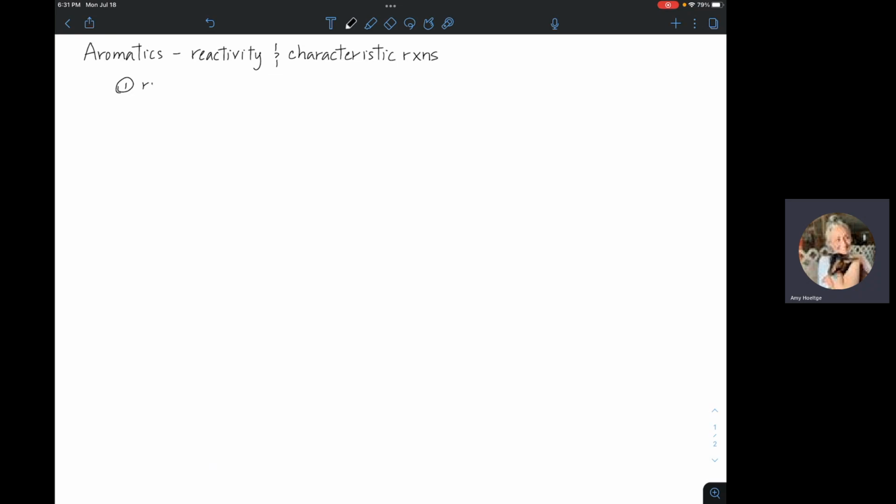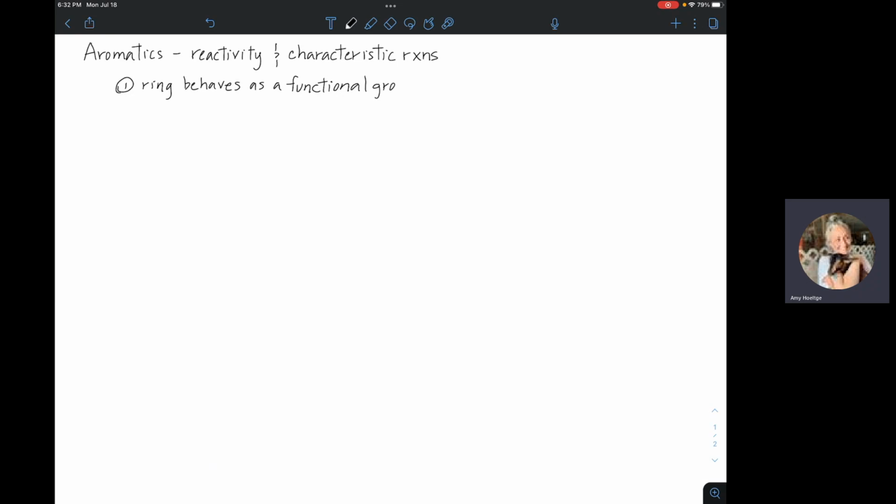So if the ring behaves as a functional group, we have to think about, let me get the word down before I start talking. It's hard to talk and write at the same time. If the ring behaves as a functional group, we have to think about the electronics involved, right?